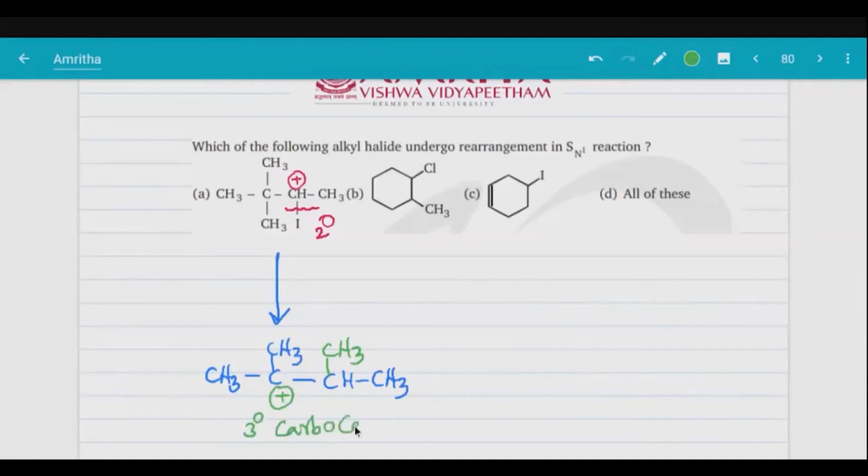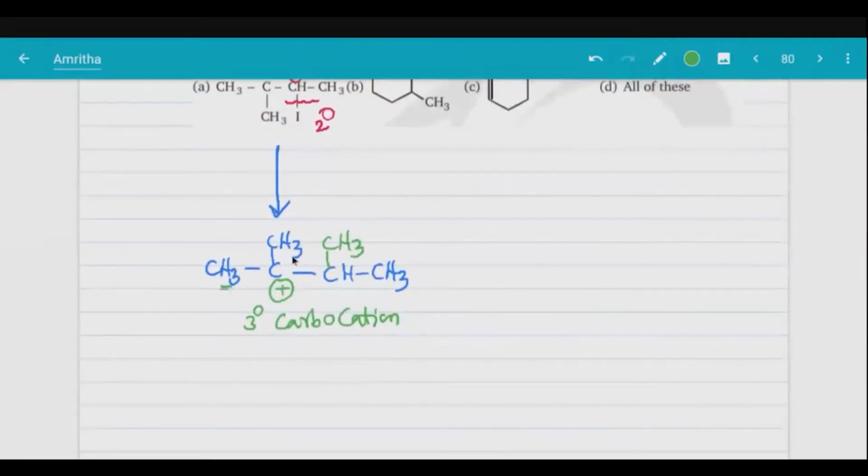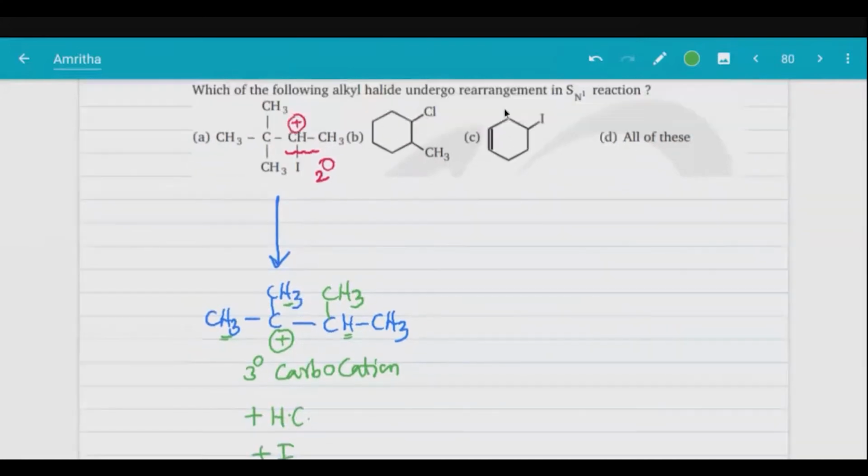It is stable by hyperconjugation because alpha hydrogens are there. So this is stabilized by hyperconjugation and also by inductive effect. This is more stable. So that is why rearrangement is possible. Yes.